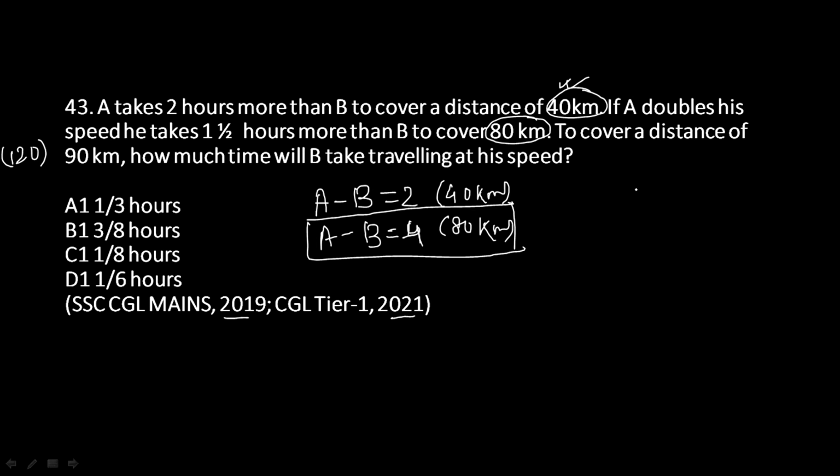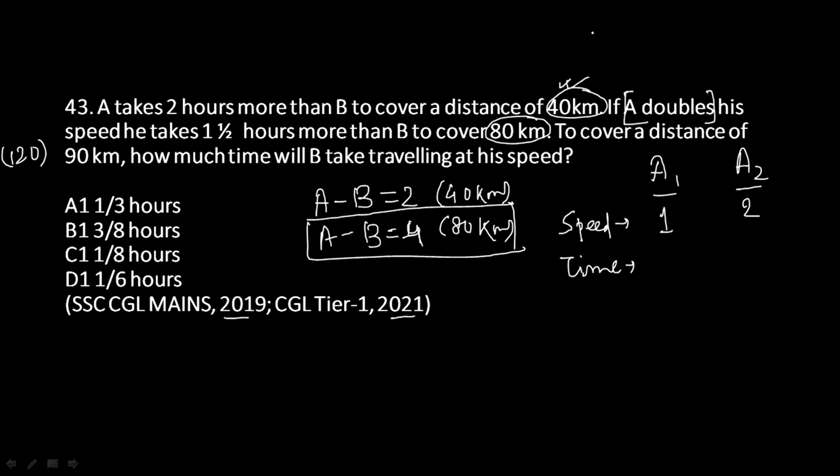So now we can get the ratio of A1 and A2. A1 means the first case and A2 is the second case, because it says if A doubles its speed. So in the first case, if A's speed is 1, in the second case it will be 2. So what will be the ratio of the time?